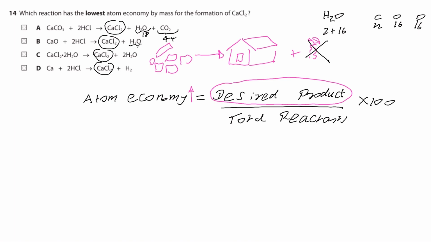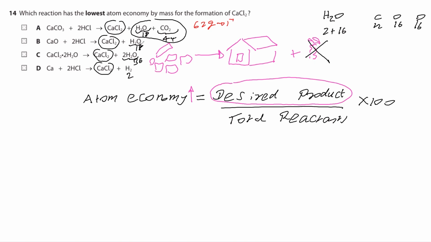But here it is 18 and here it is 2 times 18, that means 36. They're asking which has the lowest atom economy, which means many byproducts, many waste products. Just by looking at it, you can see the waste product is very massive. So it's simply 18 plus 44, which is 62 grams per mole of waste product.